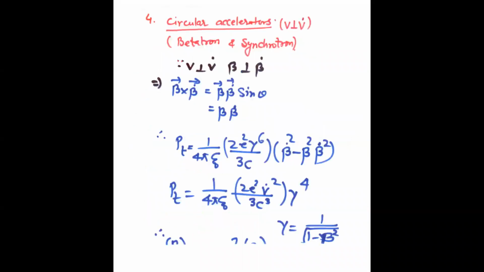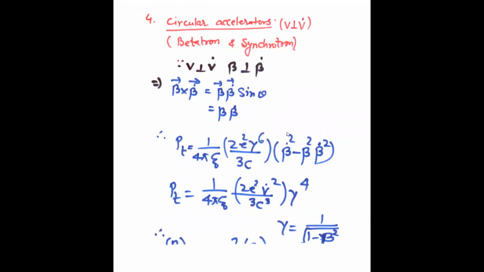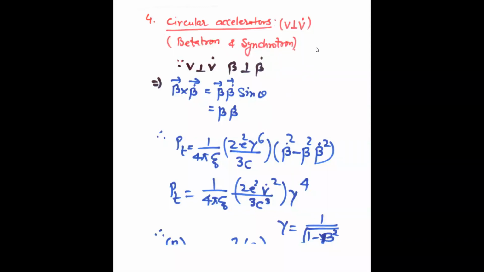So this type of similar case is for a linear accelerator. Now suppose we are talking about a circular accelerator. Circular accelerator means betatron or synchrotron, that is, the charged particle is moving in a circular orbit. The betatron is used for accelerating the beta particle, that is the electron.